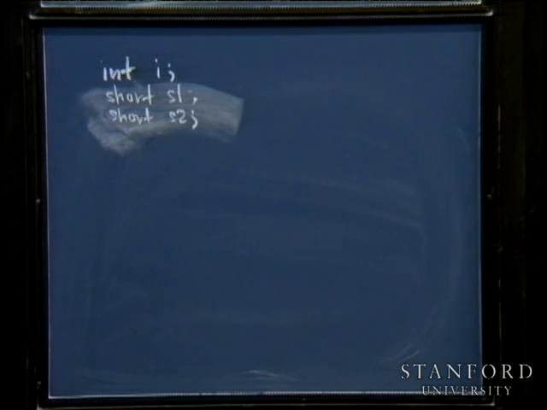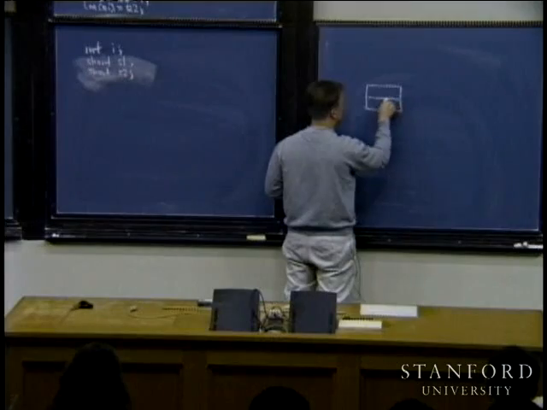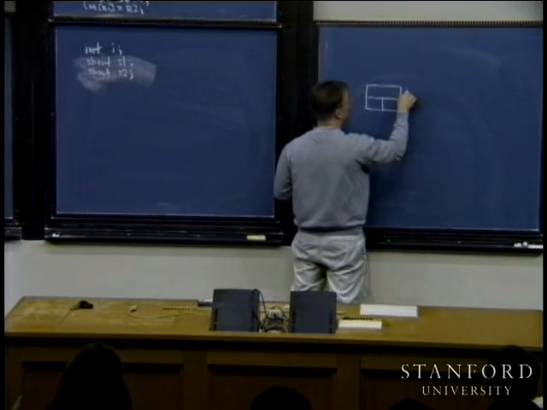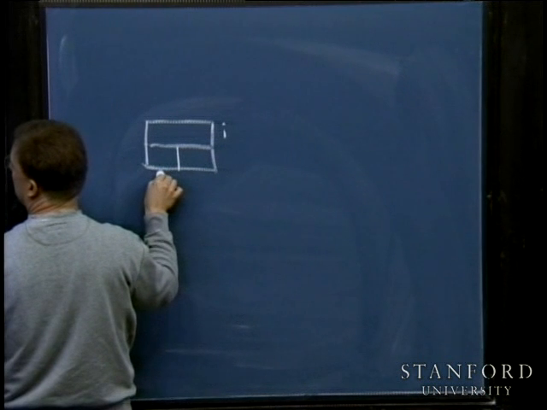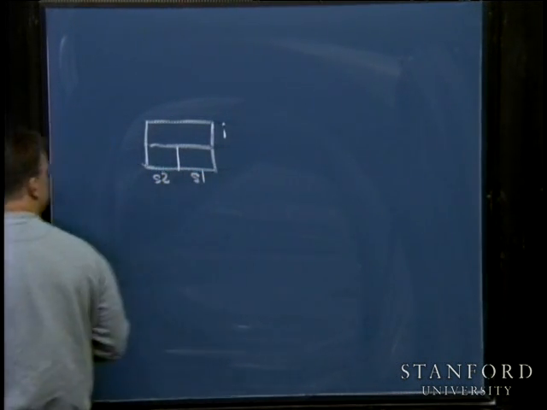The way I've declared these, we would be dealing with an activation record that looked like this. I is right there. This is where S1 is going to be declared. This is where S2 is going to be declared.